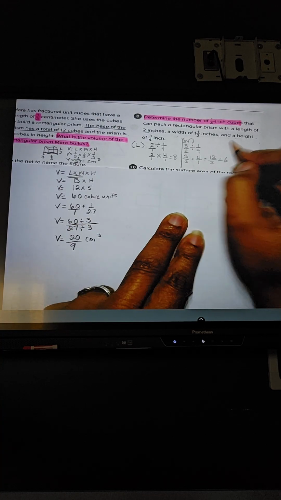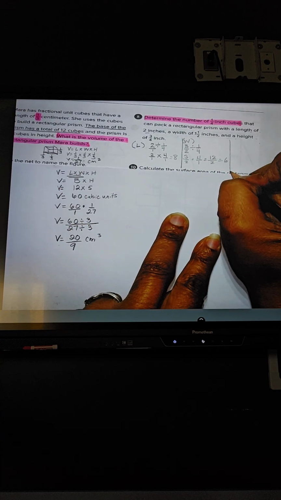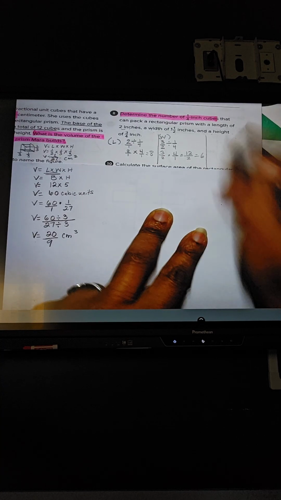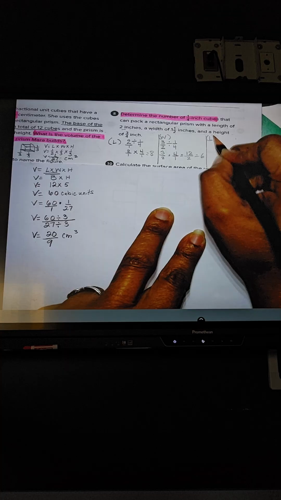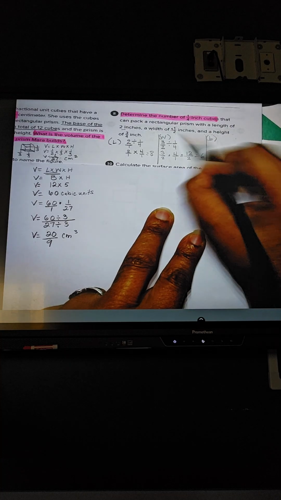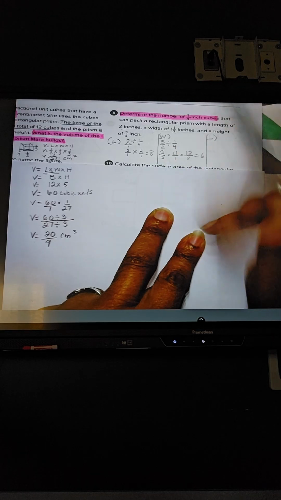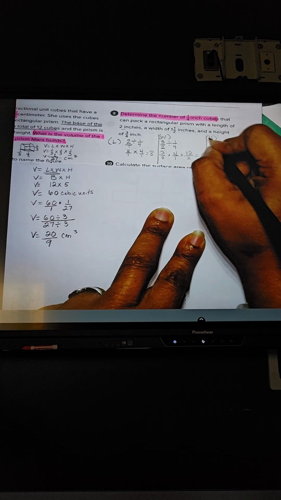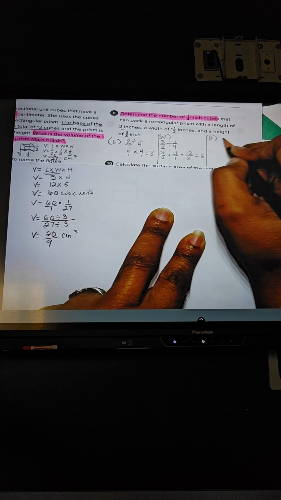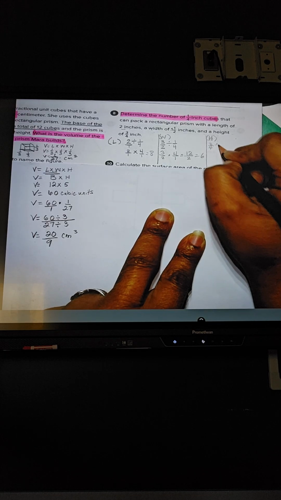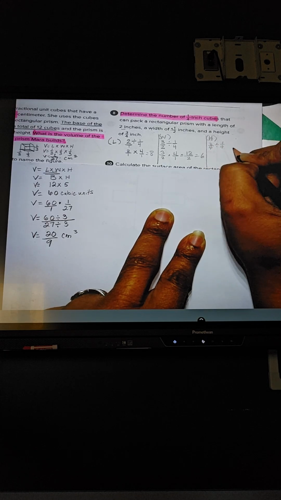All right, and now the length. Do the same thing for the length. I'm sorry, the height. The height is 3/4 inches divided by 1/4 inch.